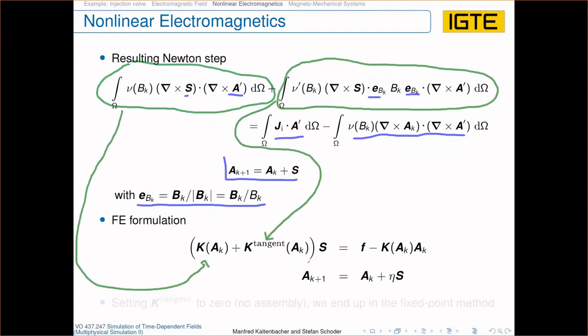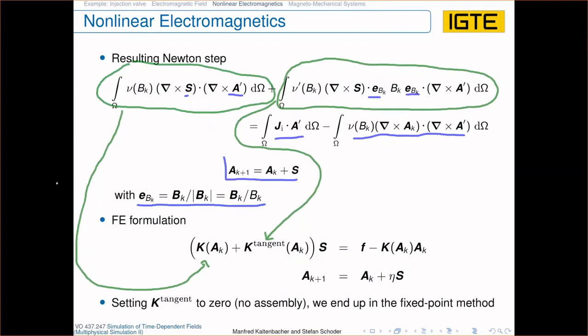Okay, so that is a very nice formulation, very appropriate, because you can also neglect this tangential stiffness matrix, and then you come up with the standard fixed point method. So you can even switch during the iteration between a Newton step and the fixed point step as shown here.